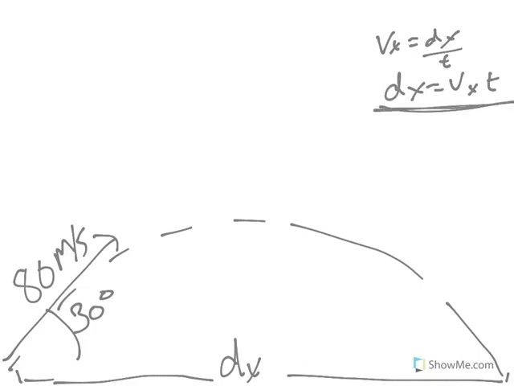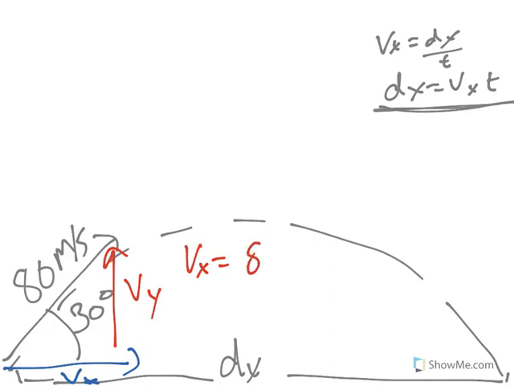Now, if you'll notice, I don't have either of these things right now. So I've got to do some solving. Alright, first thing we need to remember is that it's broken up like this. We have a velocity in the x, and we have a velocity in the y. Okay? Velocity in the x is equal to velocity, which is 80, cosine 30. Velocity in the y is equal to 80 sine 30.